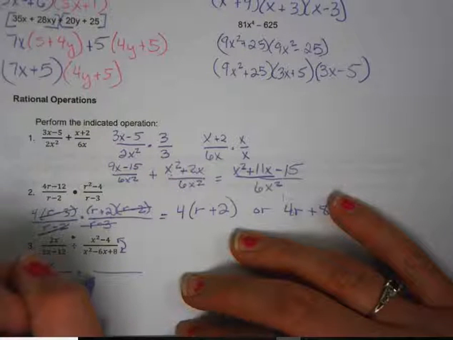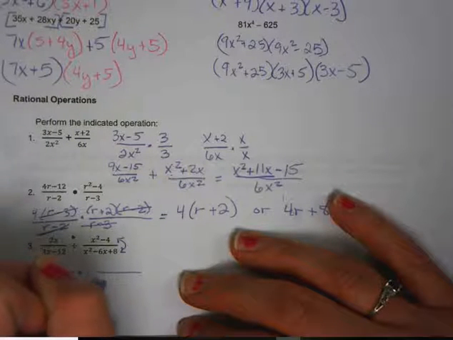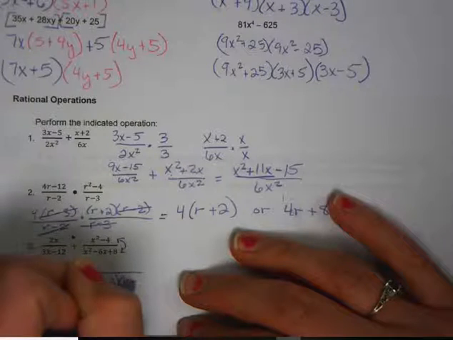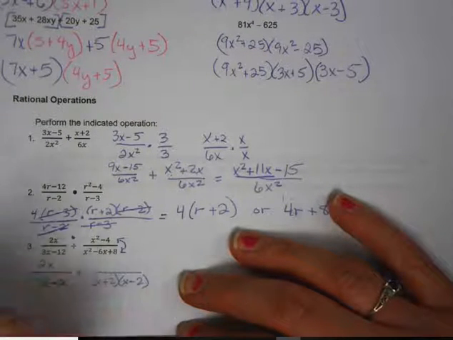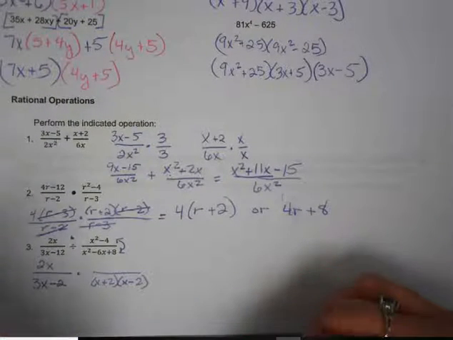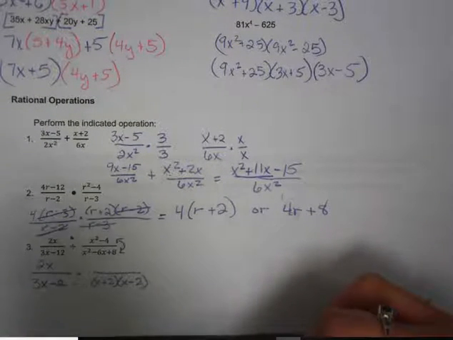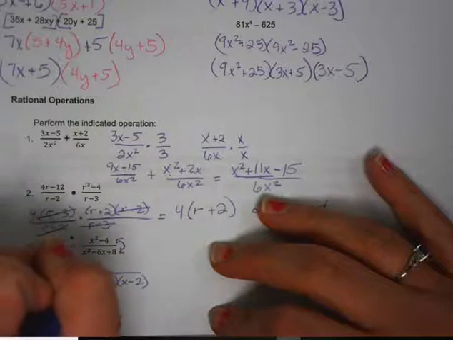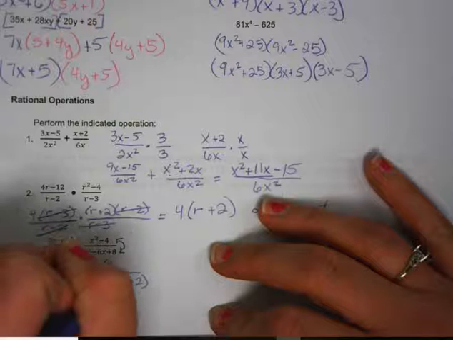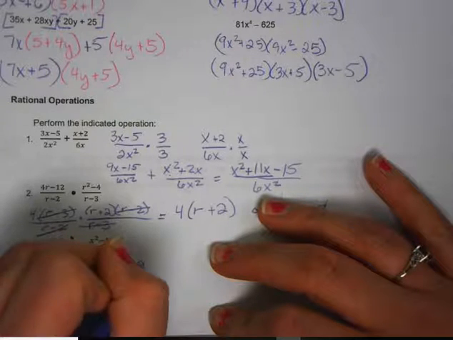So I'm going to go ahead and factor x squared minus 4 to x plus 2 and x minus 2. And I'm going to factor x squared minus 6x plus 8. The way I'm going to get that is, let's see, 4 and 2. All right, so it's going to be x minus 4, x minus 2.